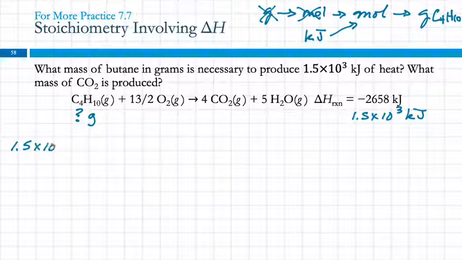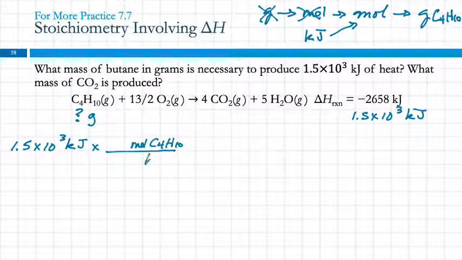1.5 times 10 to the third kilojoules. I'm going to convert that to moles of butane. So kilojoules come down there, so those are going to cancel out. And then I'm going to convert that to grams of butane and divide by moles.